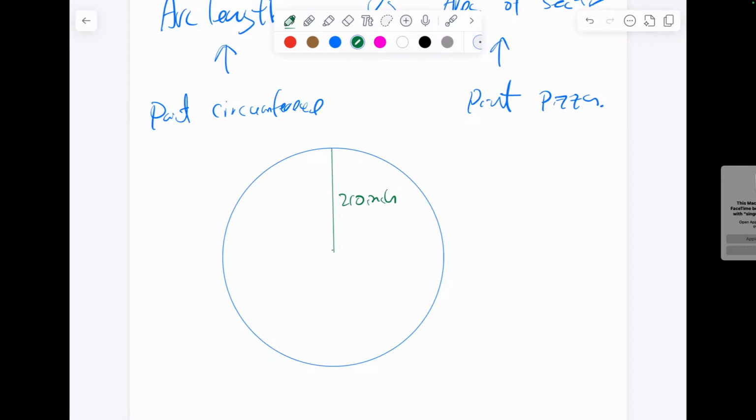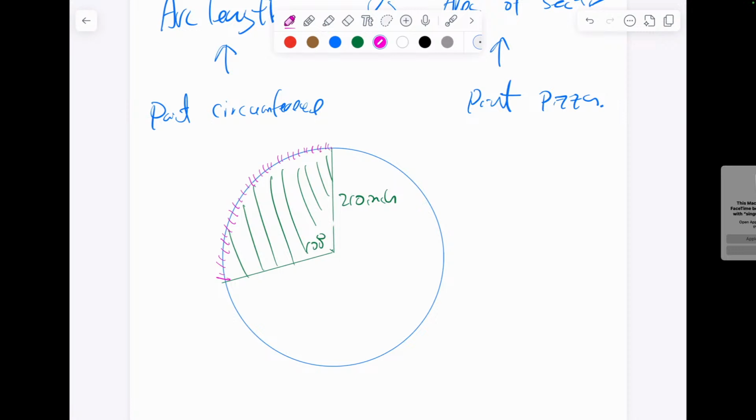And what if the central angle is 100 degrees? That is a pretty big pizza. 100 degrees should be larger than 90. So this will be 100 degrees, right? I want to figure out how big the area is. And the second question, I want to figure out the crust, which is known as arc length.